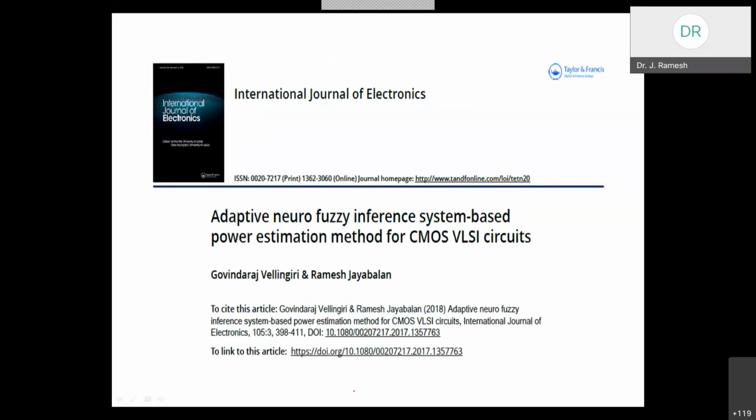And similarly, after creating that, the neural network model was incorporated with fuzzy, and then we made it adaptive also. Based on that, we brought it out for publication in the International Journal of Electronics, Taylor and Francis. That is the adaptive neuro-fuzzy inference system based power estimation method for CMOS VLSI circuits.